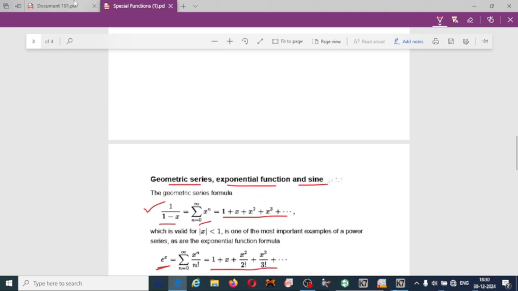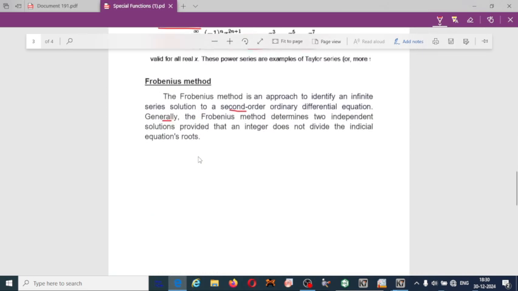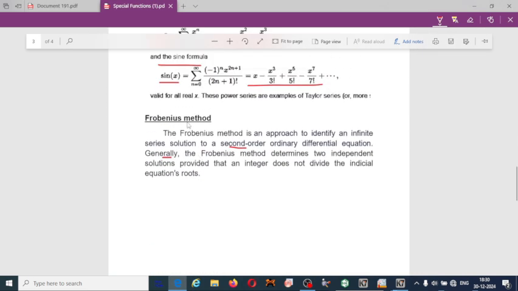So let us discuss the special functions using the power series solution. That is what we call the Frobenius method. Why are we especially focusing on the Frobenius method? The Frobenius method is an approach to identify an infinite series solution of a second order ordinary differential equation.